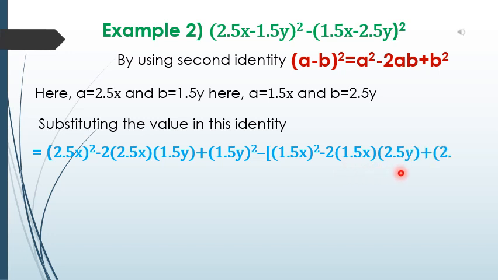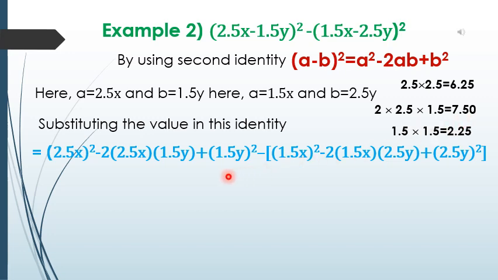which will be (2.5x)² is equal to 2.5 into 2.5 is equal to 6.25x² minus 2 into 2.5 into 1.5 is equal to 7.50, we can write 7.5xy, and (1.5y)² is equal to 1.5 into 1.5 is 2.25y².